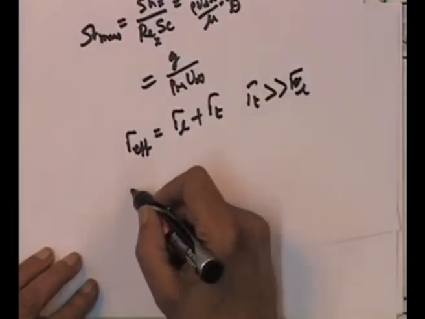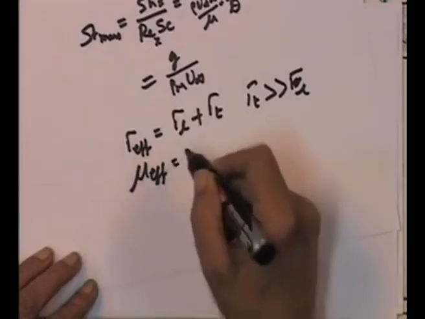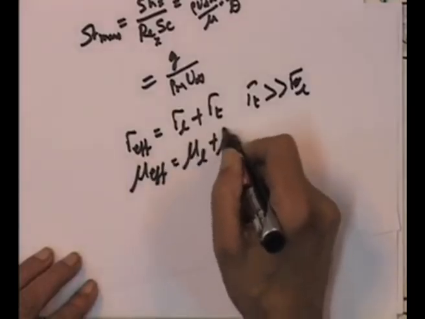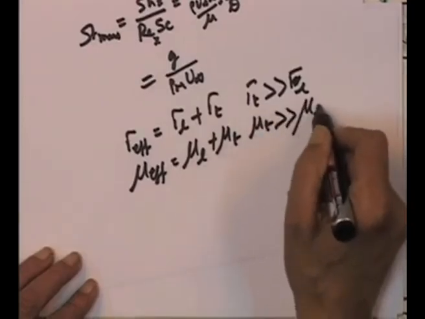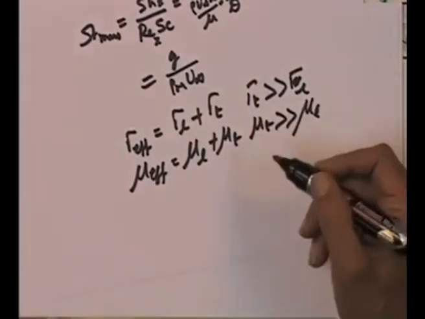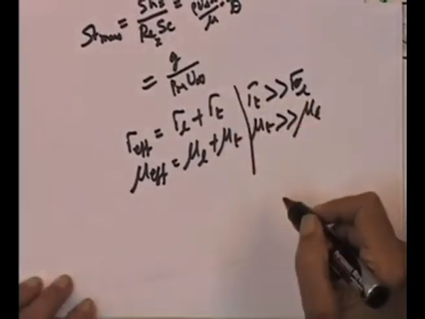And we have mu effective equal to mu L plus mu T, and mu T is much greater than mu L, as we have noticed, almost of the order 100 in most problems of turbulent flow.